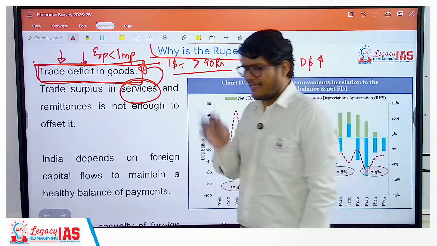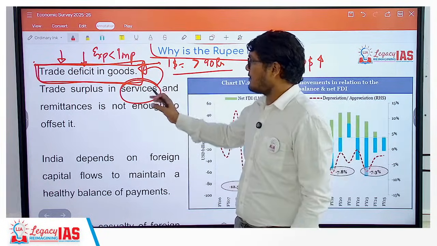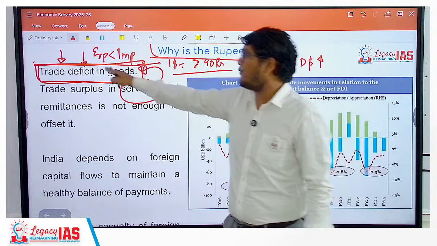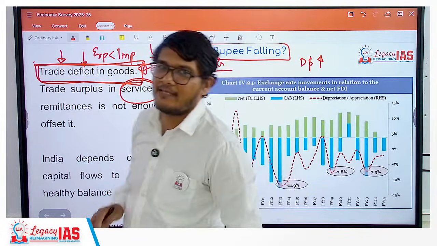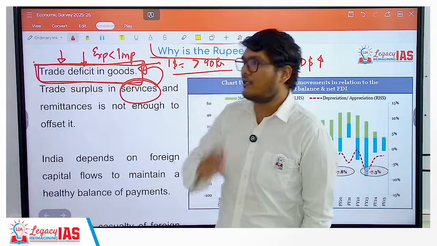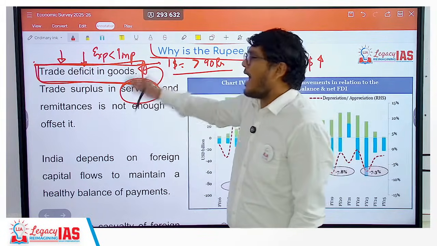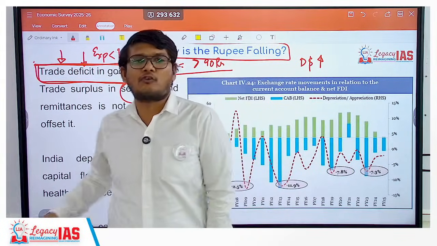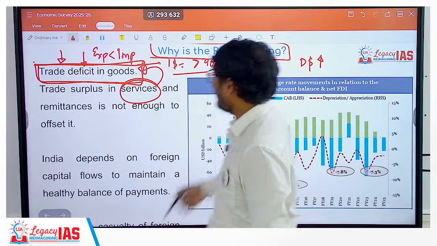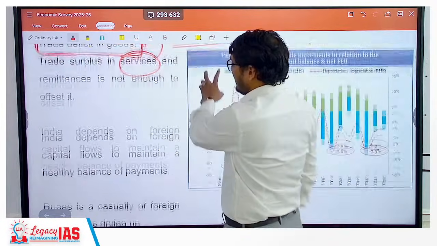In the last 10 years, there was one year, three years back, when the surplus in services was higher than the deficit in goods. But over the last decade's data, generally the deficit in goods has been higher than the surplus in services. So we have a net deficit. We have a deficit balance of payment, as a result of which the dollar has kept on appreciating.